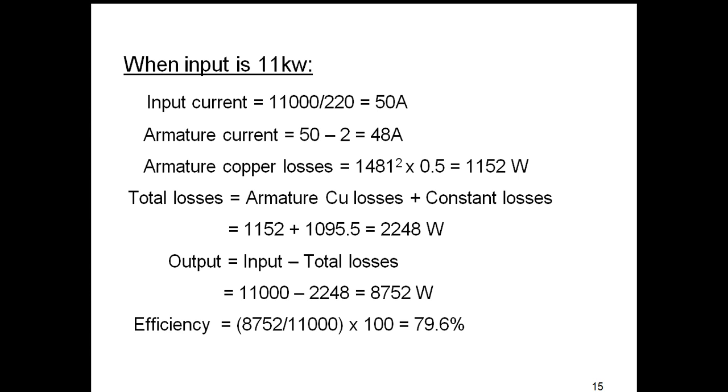And to find the efficiency, we know the formula, output power by input power. So the output power is 8752 and the input is 11,000. So on dividing, we get 79.6 percentage.